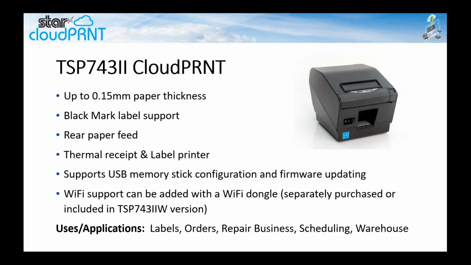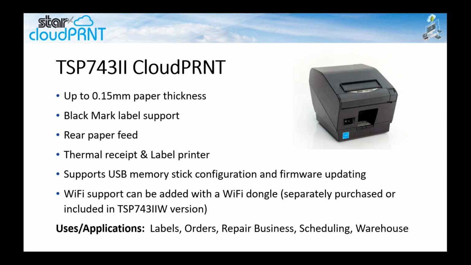Of course, we have our TSP743II CloudPRNT. This one is also a direct thermal printer, and uses the same interface as the TSP654 model I mentioned on the previous slide. So it has all the same USB memory stick and Wi-Fi capability support that the TSP654 printer does.